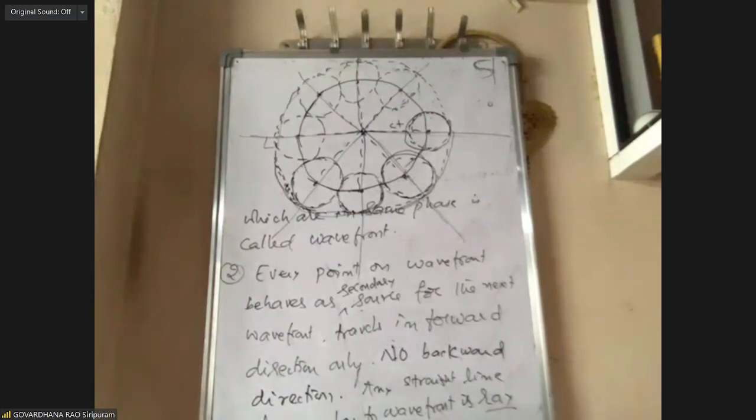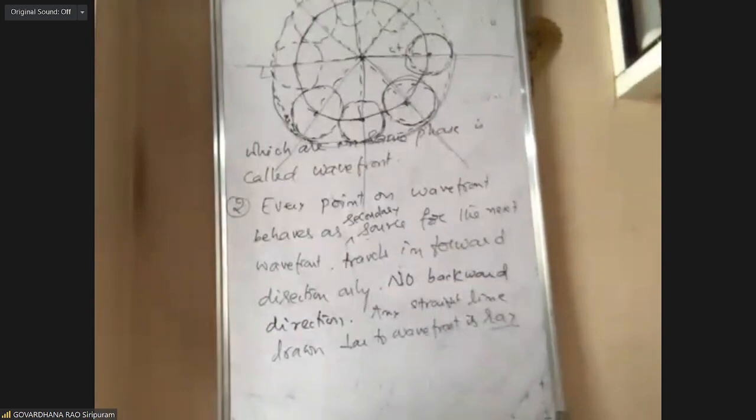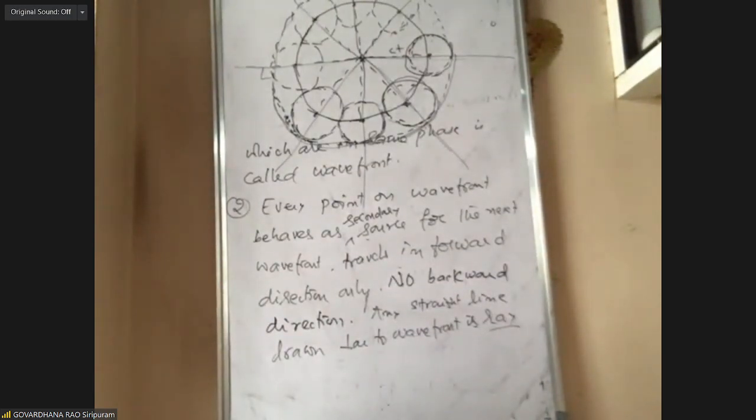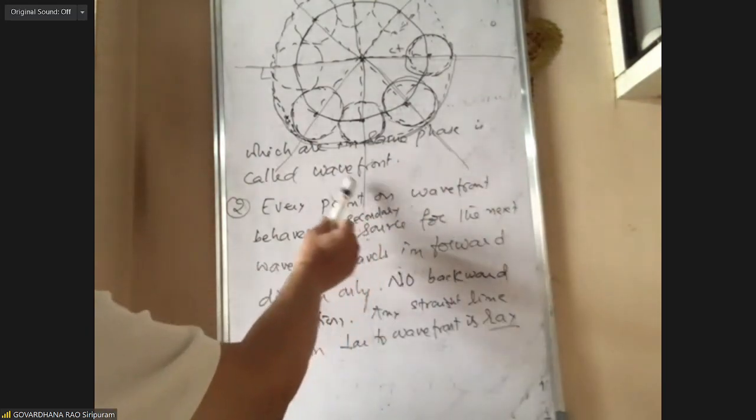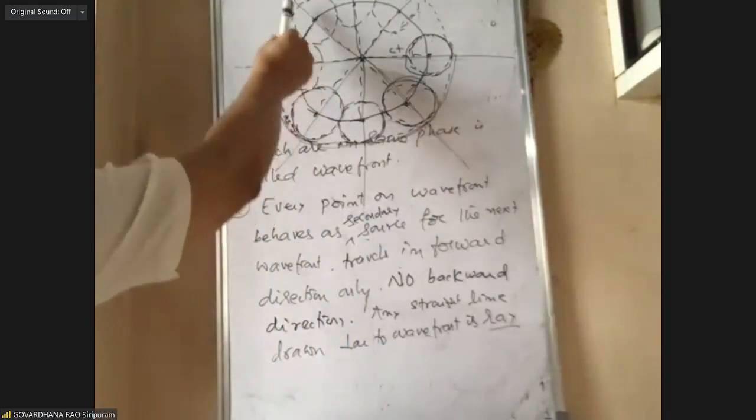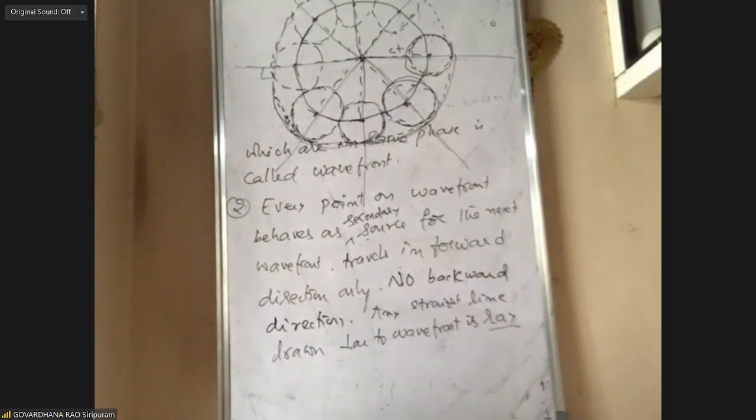R-A-Y, ray. Okay? These are called rays. Sir, what are those small circles called, sir?